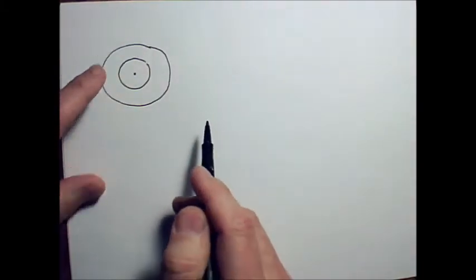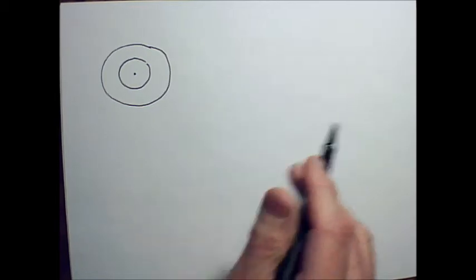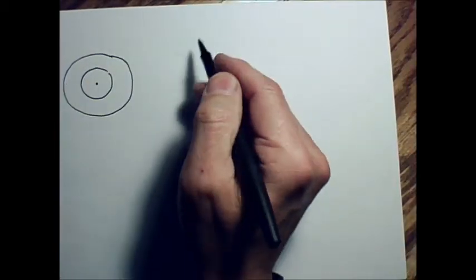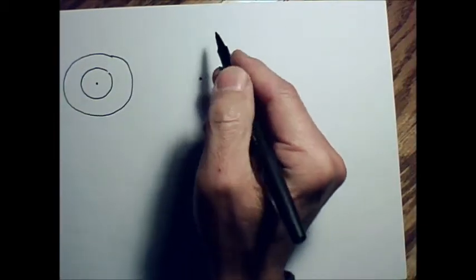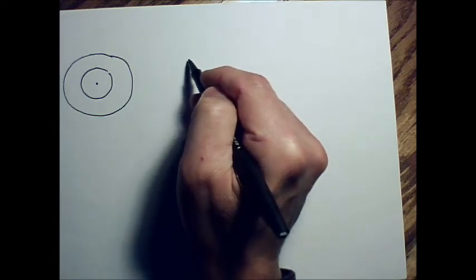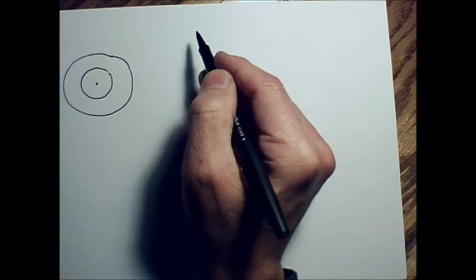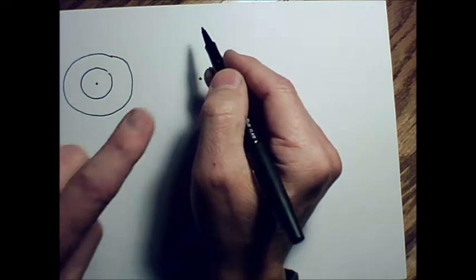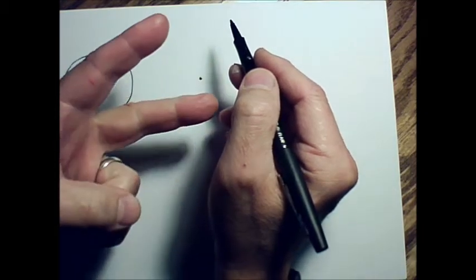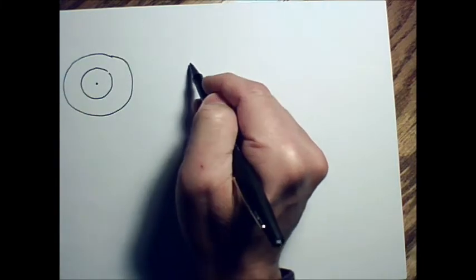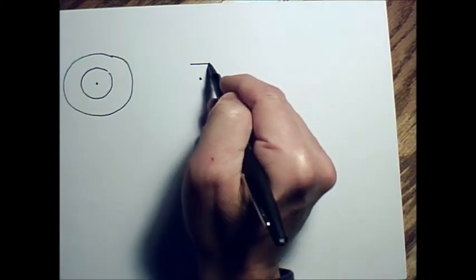The p sublevel has orbitals that are not spheres. I'm going to break it out over here. So here's our nucleus. The p sublevel has 3 orbitals, and those orbitals are shaped like 2 mushroom heads. One orbital, 2 mushroom heads. It looks something like this.